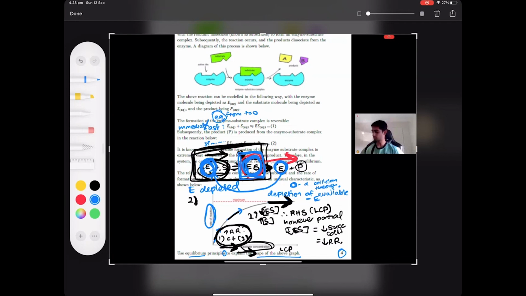Therefore the equilibrium will dissipate right here, and the concentration of ES becomes constant. That's constant collisions. That will give you a constant reaction rate.